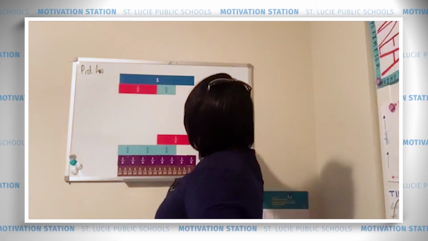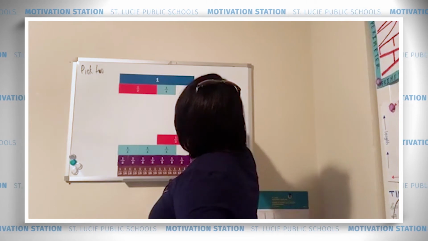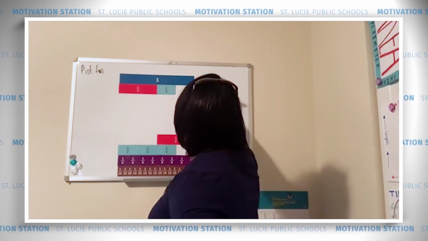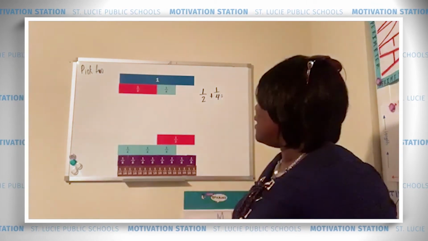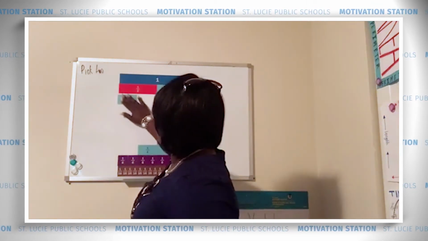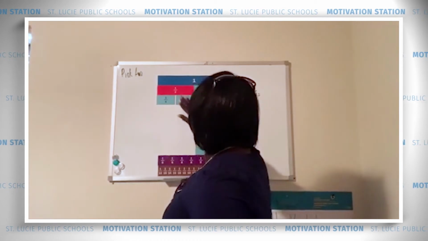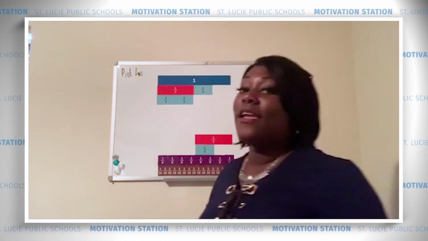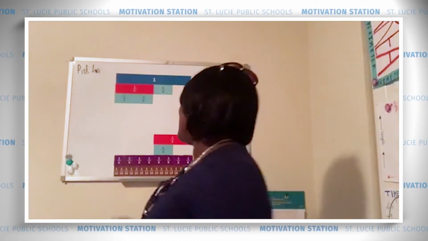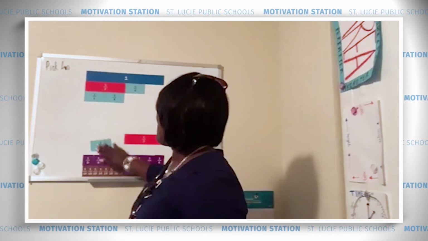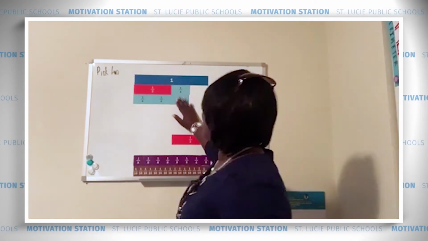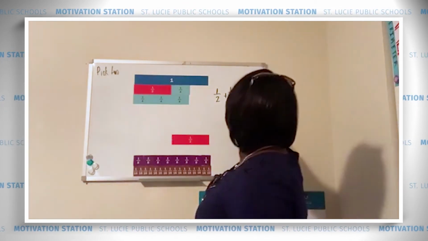Okay, so we're looking at 1/2 plus 1/4 is equivalent to. Let's do this lesson with 4ths. How many 4ths do you think will match the equivalency of 1/2 plus 1/4? Maybe. If you said 3/4, you were right.